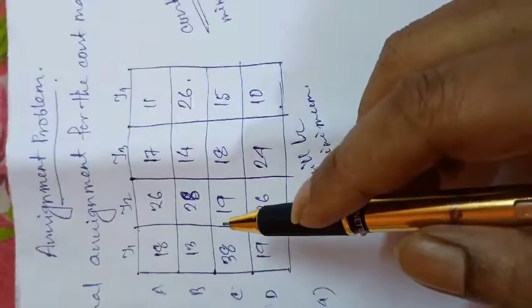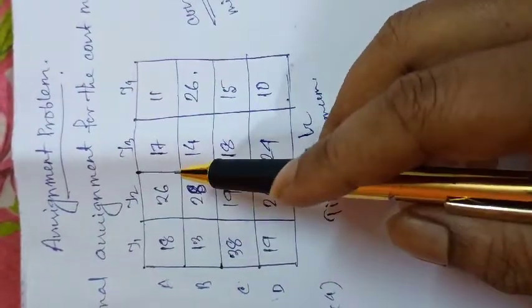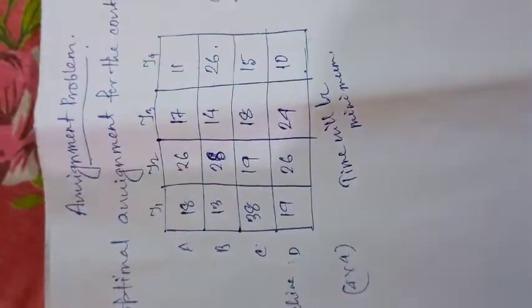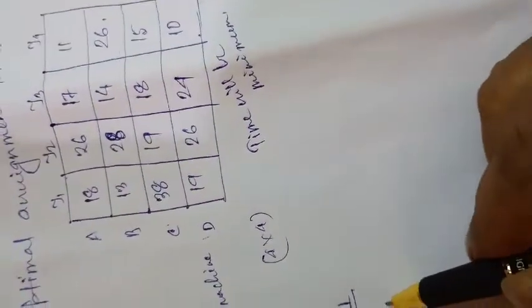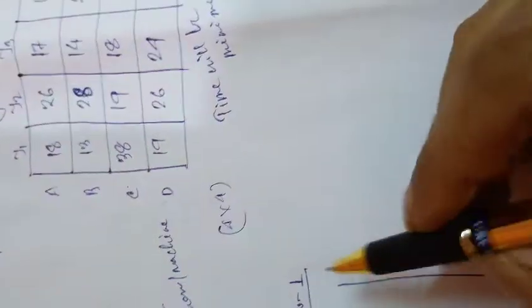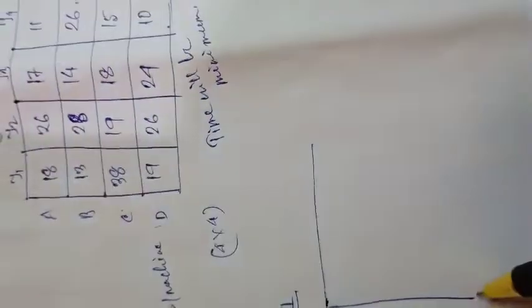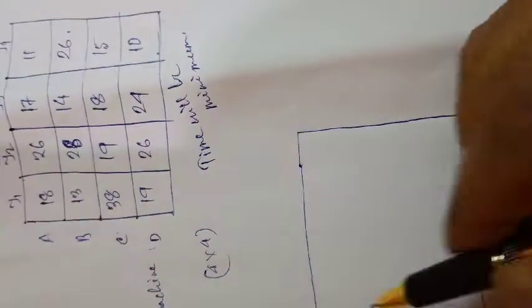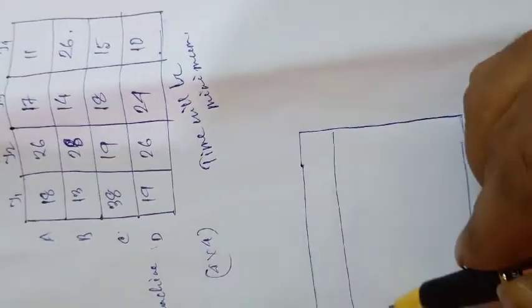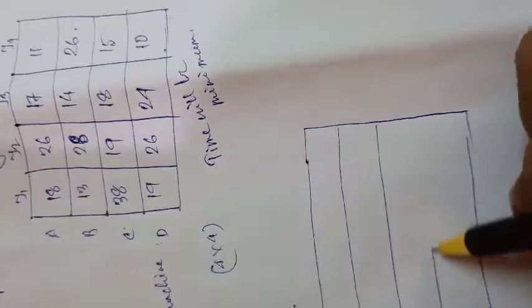And now we will subtract this minimum element of each row from all the elements of that row.